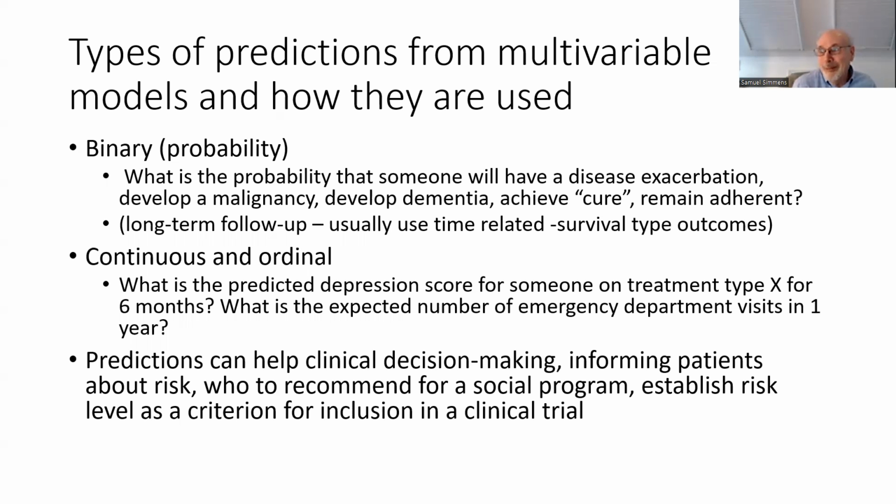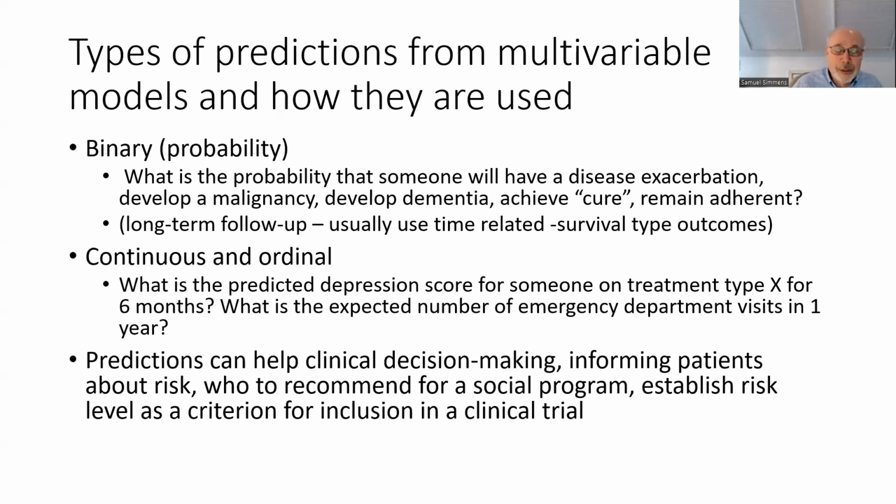It could be something positive, achieving cure. Hopefully the basic science people in our CFAR will move things along so that someday we're figuring out who is cured more quickly than others. It could be a behavioral outcome, such as adherence. And you can use it with survival type models, where you have a time-related outcome as well.